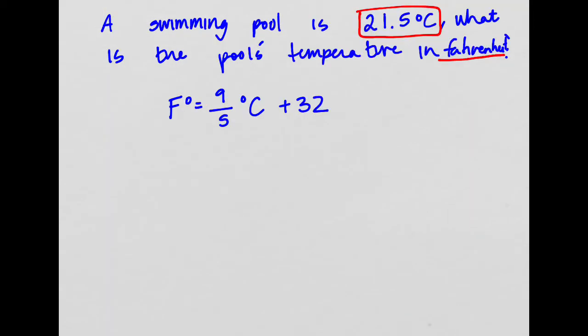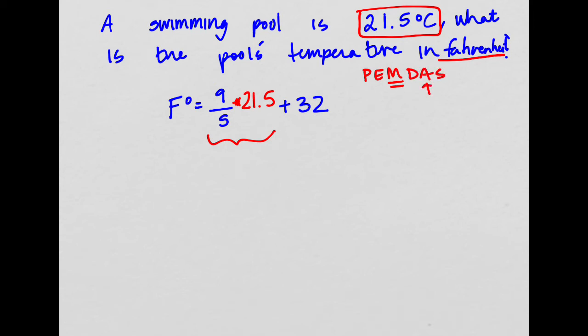All right, so if we take our C out and plug in the value we were given, we're going to multiply this first by 21.5. Since my order of operations says to do multiplication, then addition. Whoops, I forgot. Addition is down here.